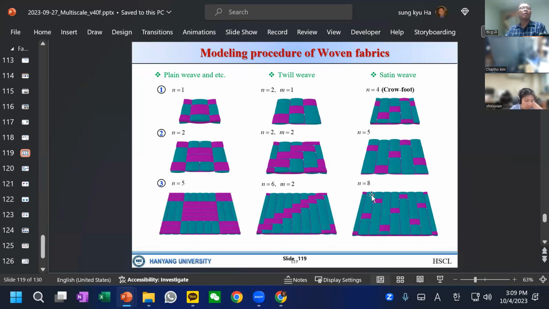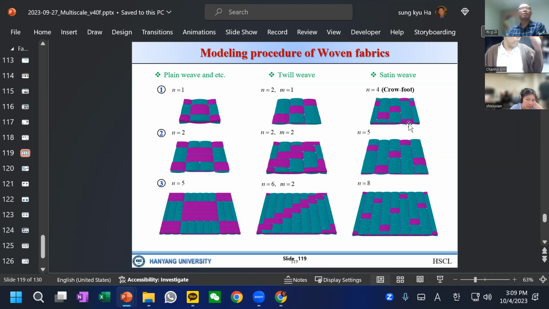Now, when you see this kind of woven fabric, we need to understand that each color represents a tow, and a tow consists of 24K or 10K or 50K fibers, depending on the tow size.